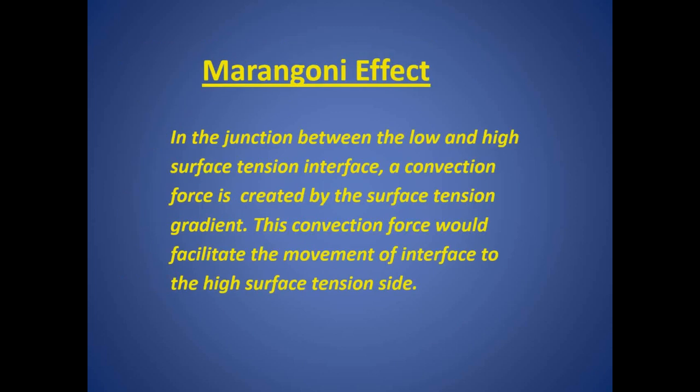The Marangoni effect implies that at the junction between low and high surface tension interfaces, there is a convection force created by the surface tension gradient. This convection force would therefore facilitate the movement of the interface to the higher surface tension side.